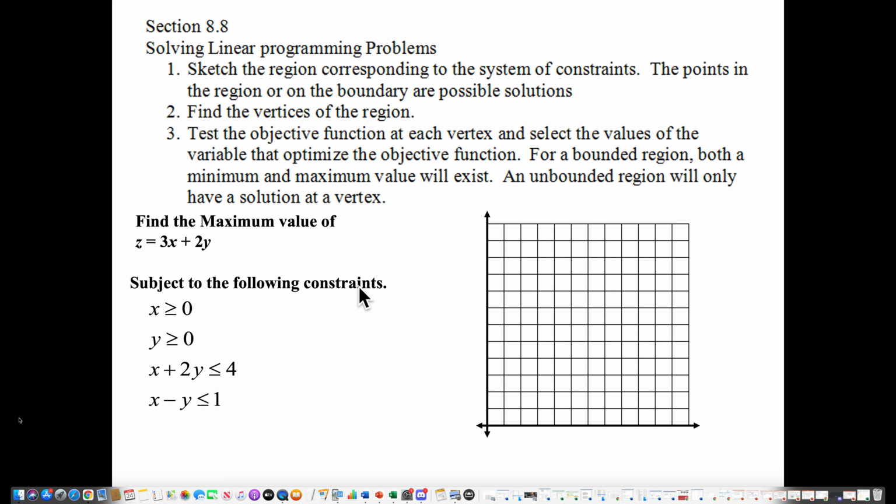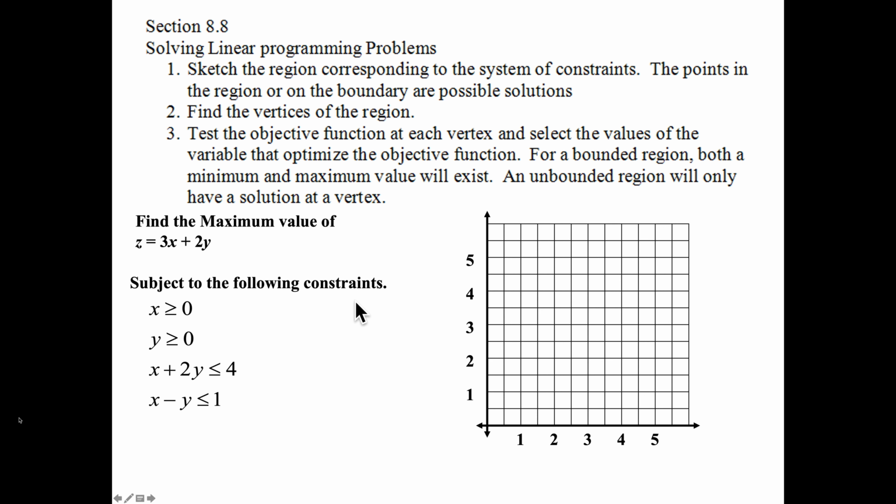I'm going to close everything off. It's easier that way. All right. So if we number our grid, every two squares count as one, because this is going to increase the size of our area so it's easier to graph. We have a maximum objective function, so we're looking for the x and y coordinate on the vertex that gives us the biggest value.